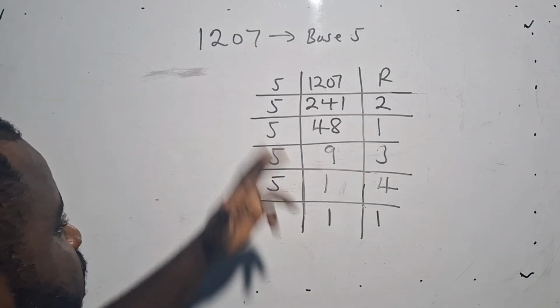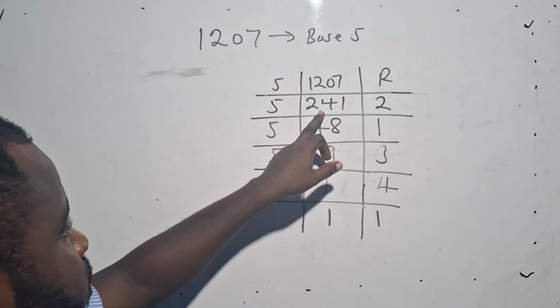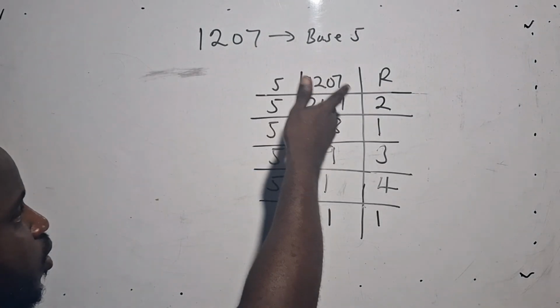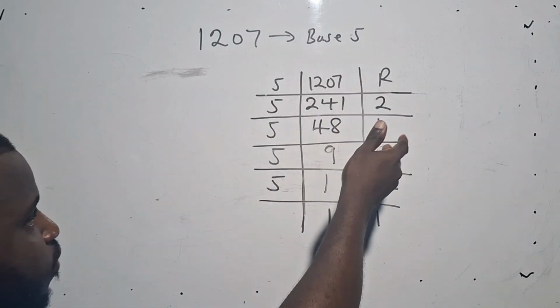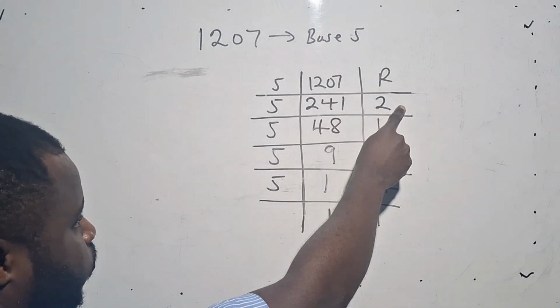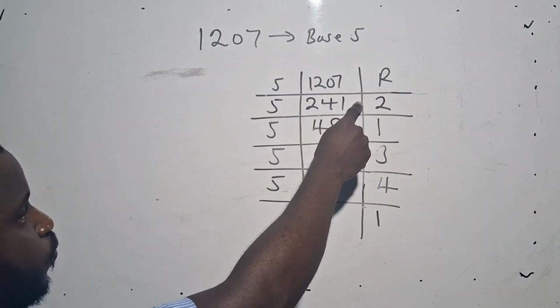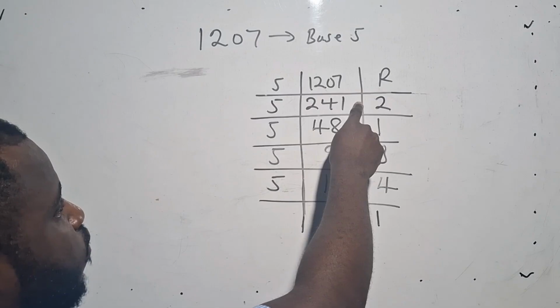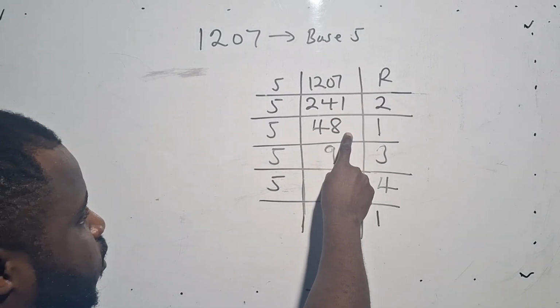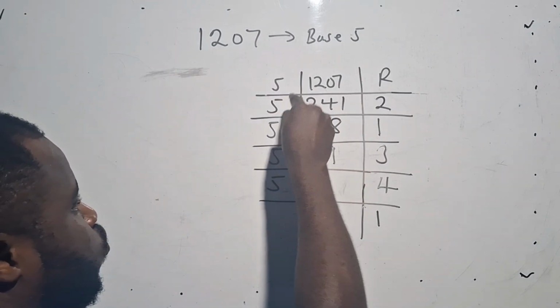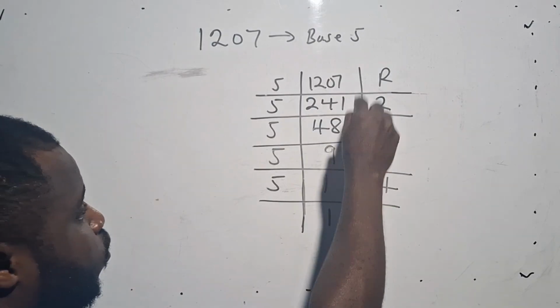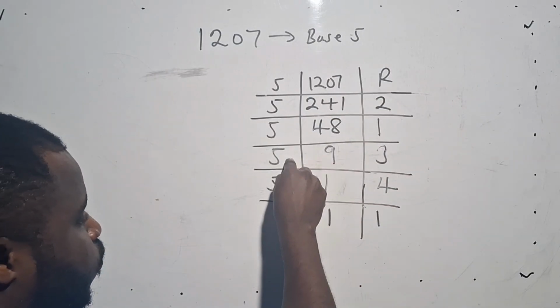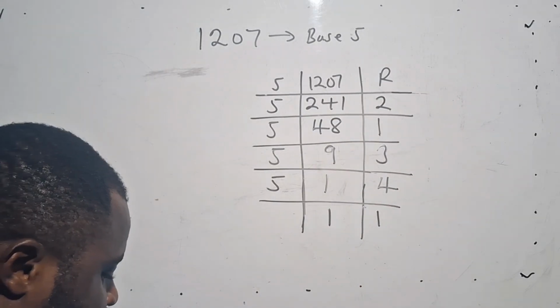Then when you multiply this by this, I got 1205. So remainder 2. Yes, then 5 can go into 241, 48 times. If you multiply 5 times 48, you get 240. Remainder 1.